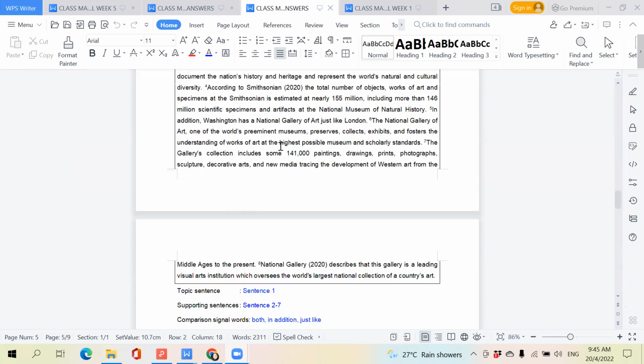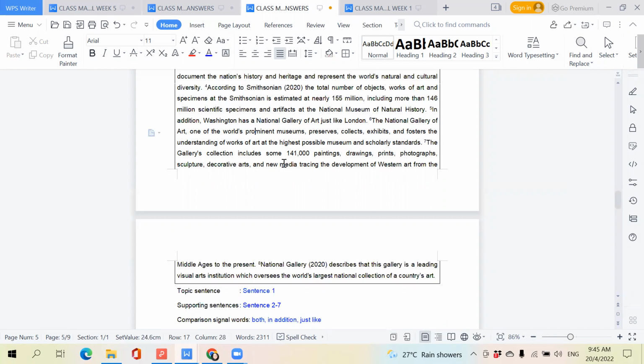Lepas tu, Washington's National Gallery of Art is just like London's. The National Gallery of Art, one of the world's prominent museums, preserves, collects, exhibits, and fosters the understanding of works of art at the highest possible museum and scholarly standards.